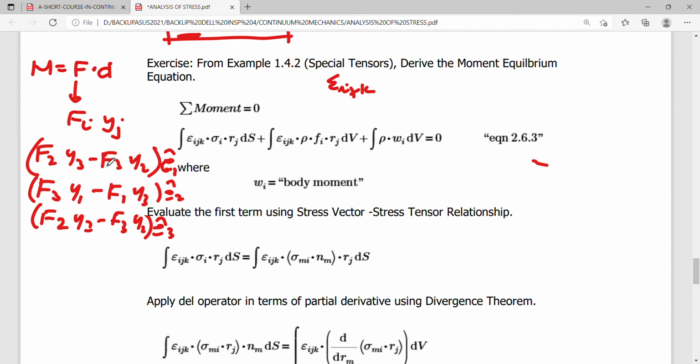In this format, this is actually equivalent to epsilon ijk of your Fi Yj ek.